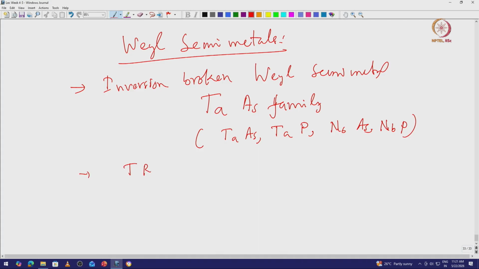Then time reversal broken: cobalt 3, tin 2, sulfur 2, Mn3 Sn, Mn3 Ge, Eu, Cd3 As2.